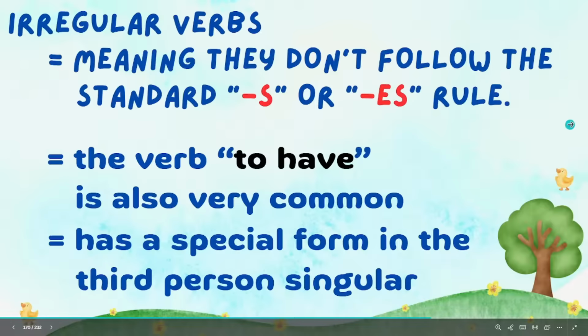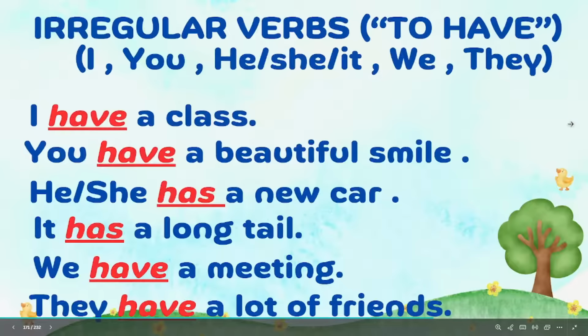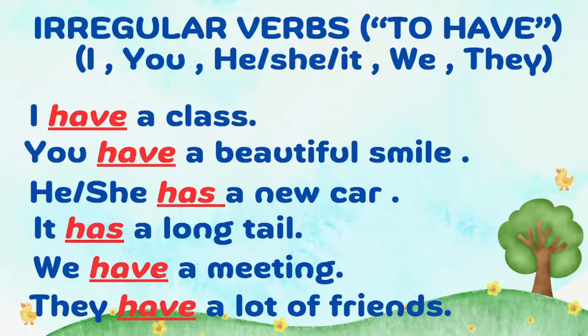So, to make it more clear, here are examples with the irregular verb to have. There is I, you, he, she, it, we, and they.